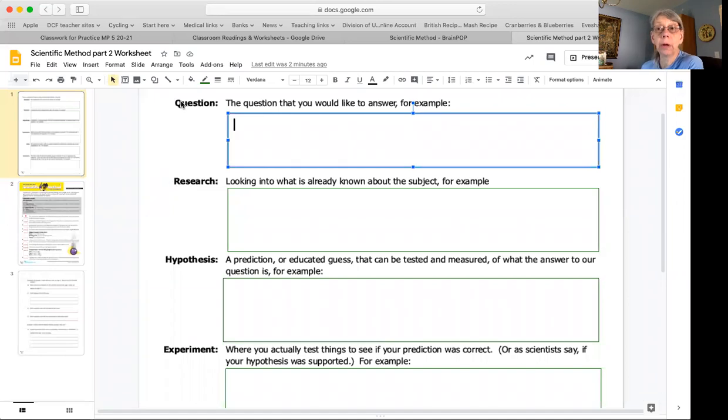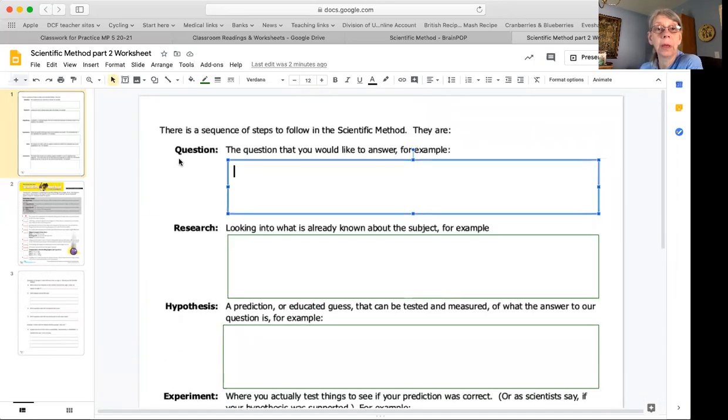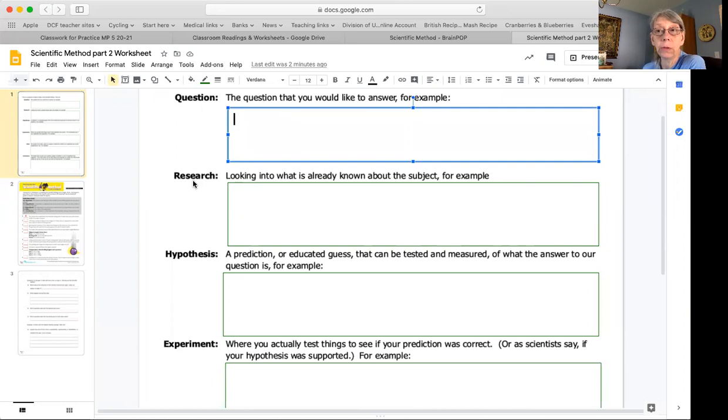All right, here are the steps of the scientific method, the way I like to think of them. You start out with a question that you would like to answer. Do some research, which I think is the thinking part here.